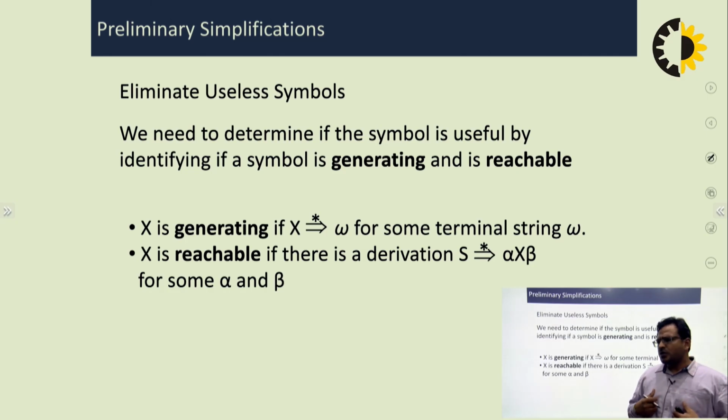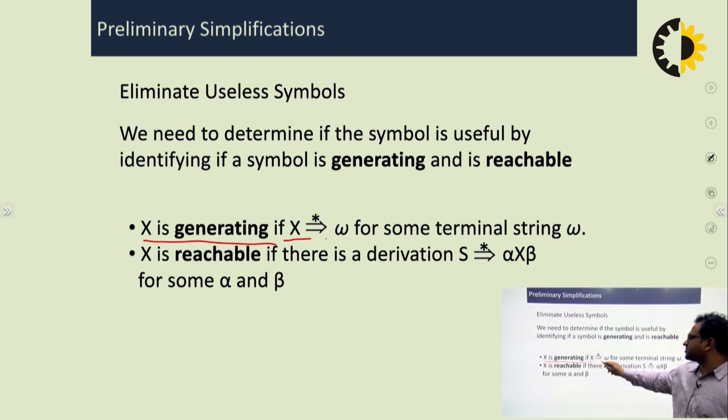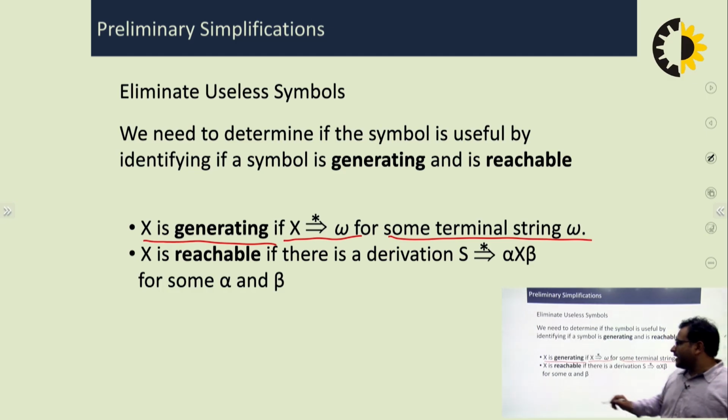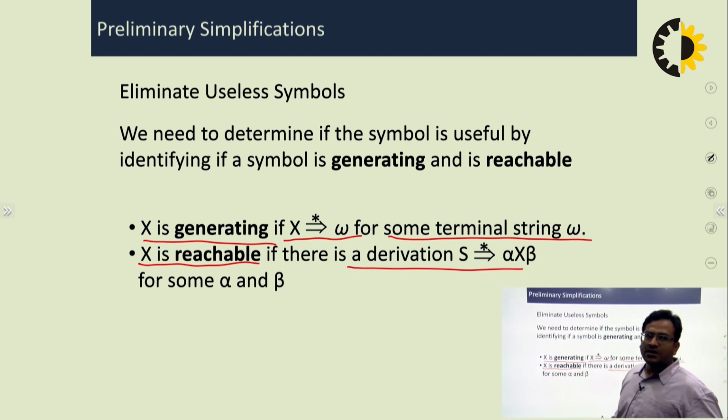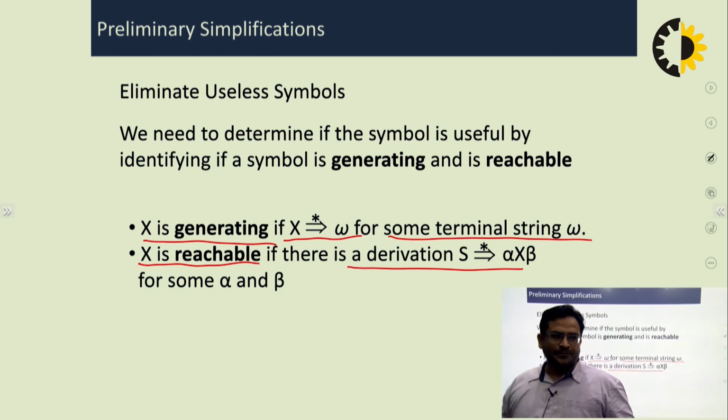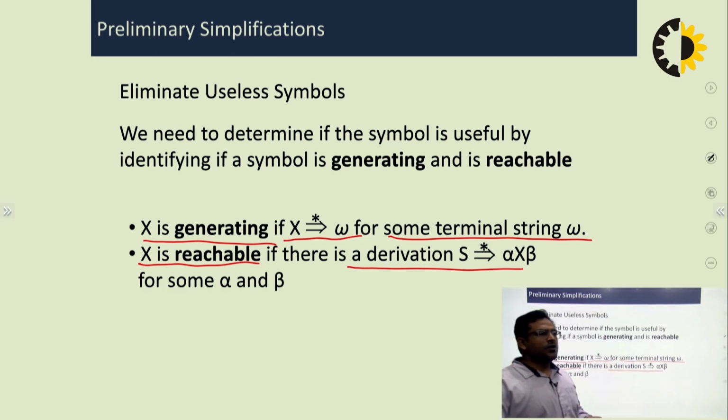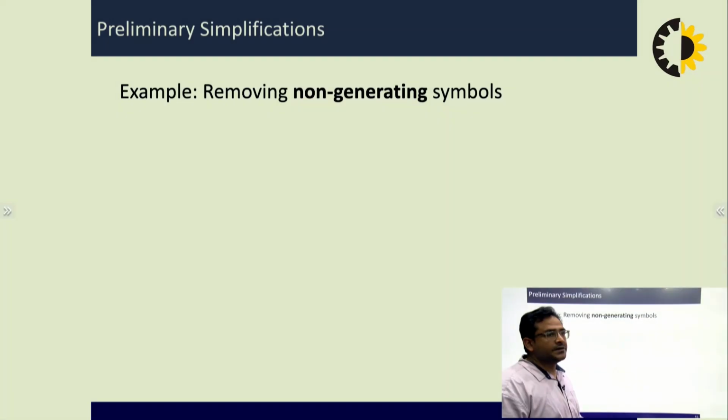So we have to remove the non-generating productions, then remove the unreachable symbols. As I have already written there, X is generating if X tends to W for some terminal string W, so you consider that production only. And X must be reachable. If any non-terminal symbol is unreachable, you cannot include it in that grammar.